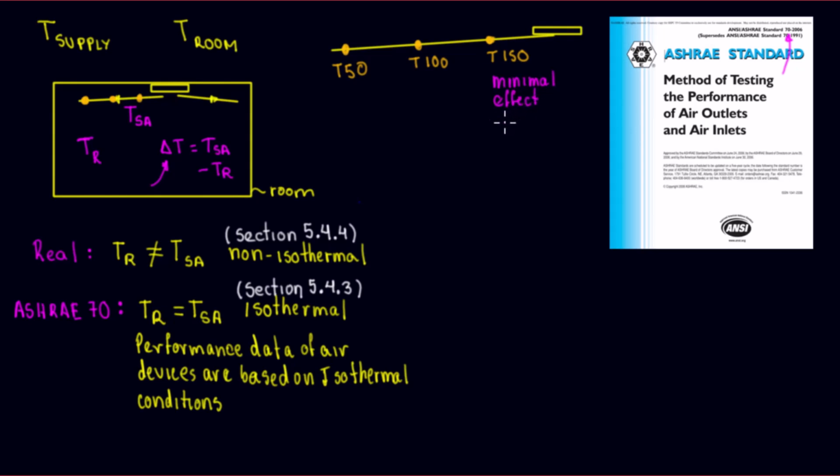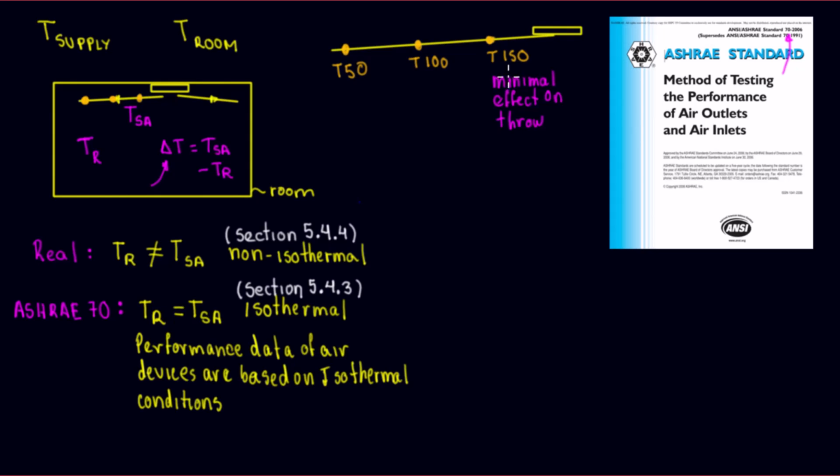We're talking about the throw, right? Minimal effect on throw. So it doesn't matter if you are talking about the terminal velocity of 150. You don't have to worry about it in the catalog.